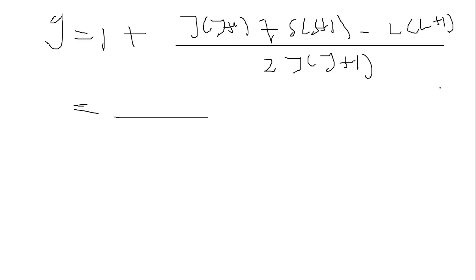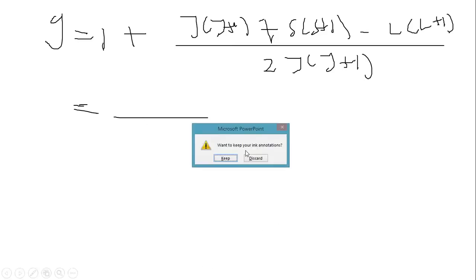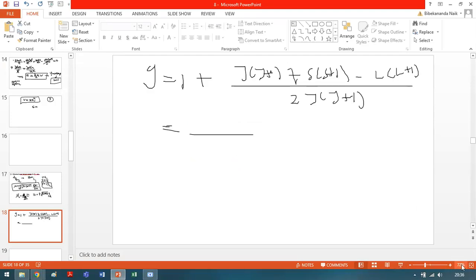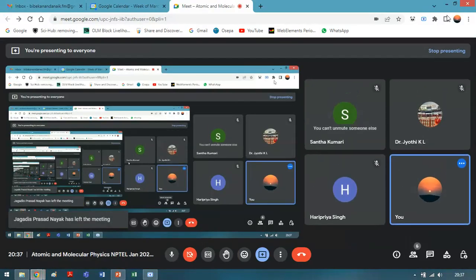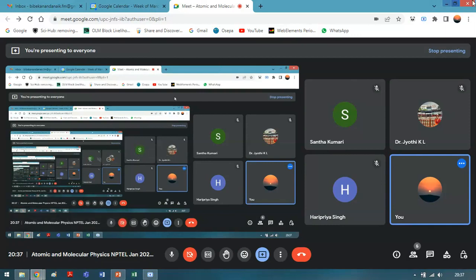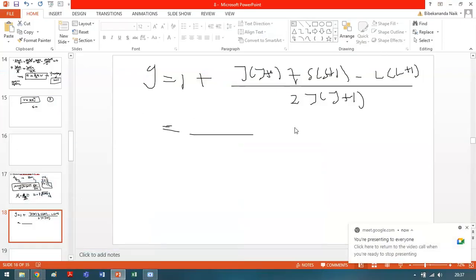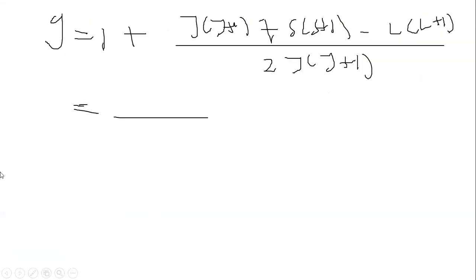Anyone who has calculated? So when we calculate it, what will be the value?